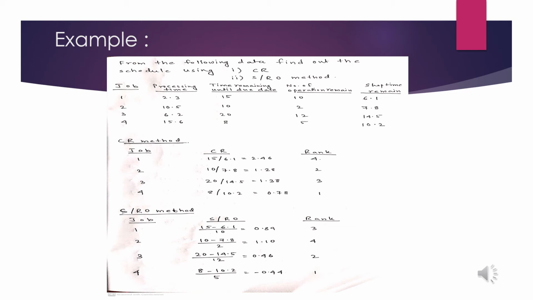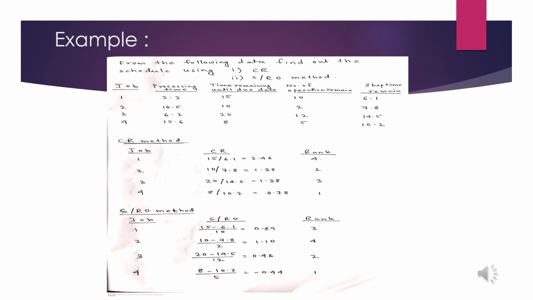So the first job's slack per remaining operations is 15 minus shop time remaining 6.1. If we deduct that and then divide it by the number of operations remaining, that is 10, the slack per remaining operations for job 1 comes to 0.89.